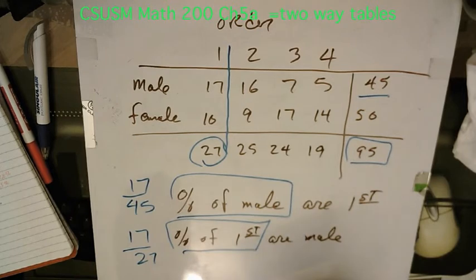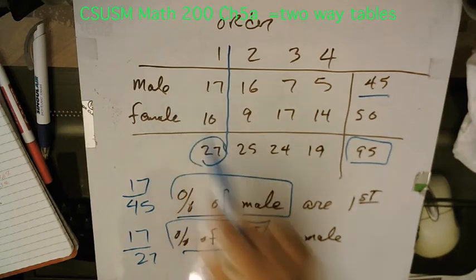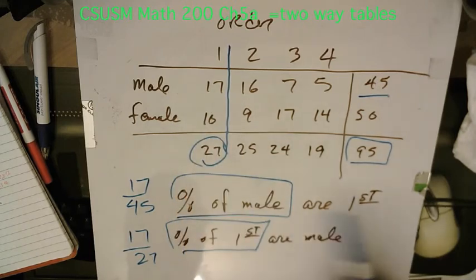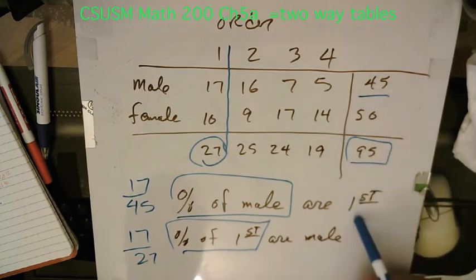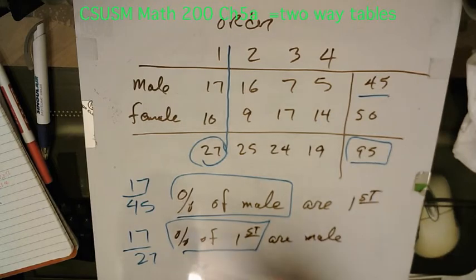So the question is asked both ways, and they're asking a conditional. This is a conditional question. What percent of male given that are first? So given that they're male, what is the conditional probability or conditional distribution that they are the first egg? So that's what they're doing in number 20.